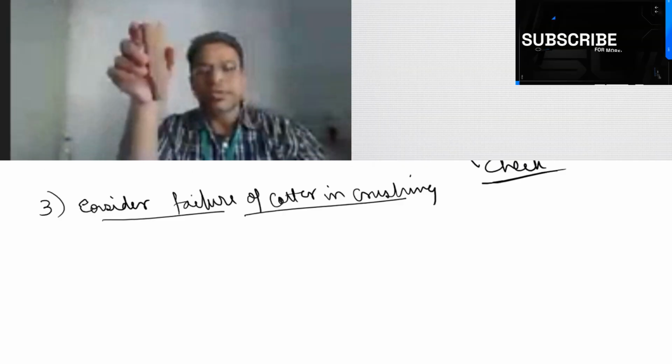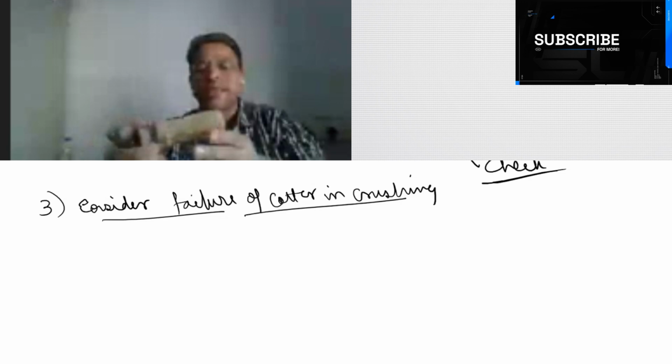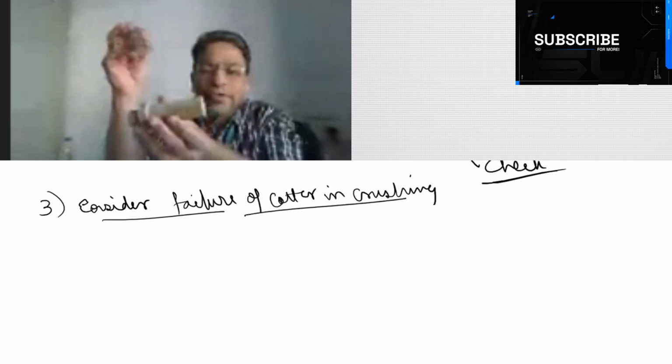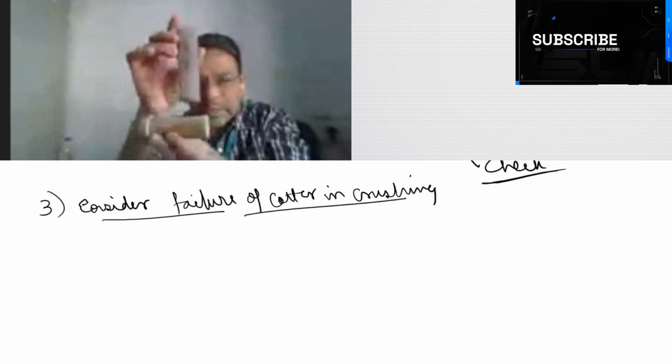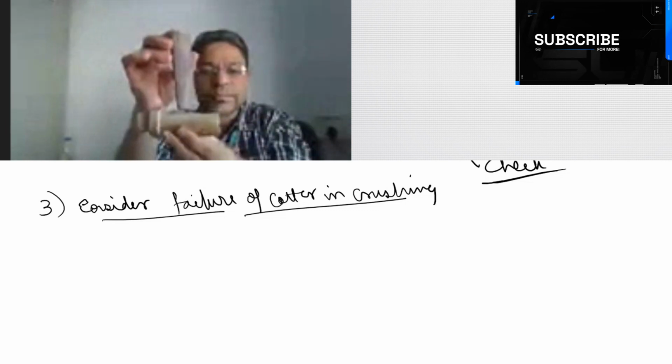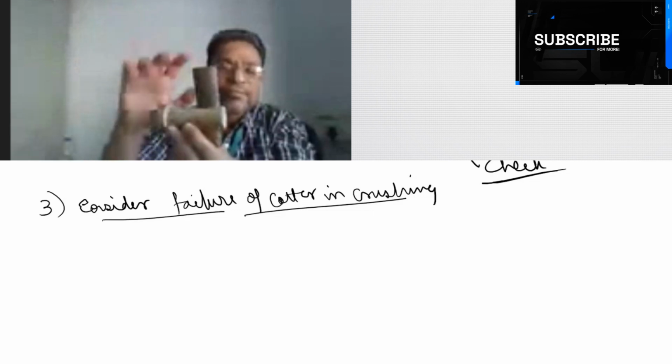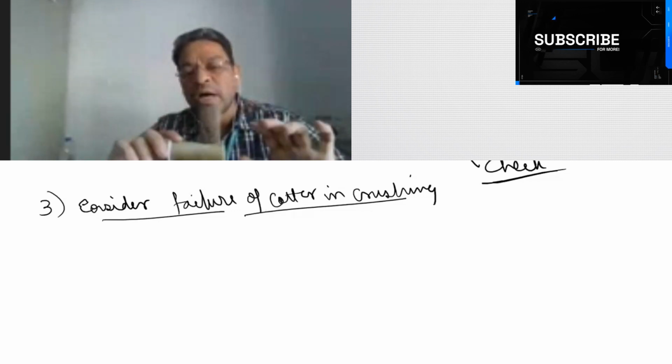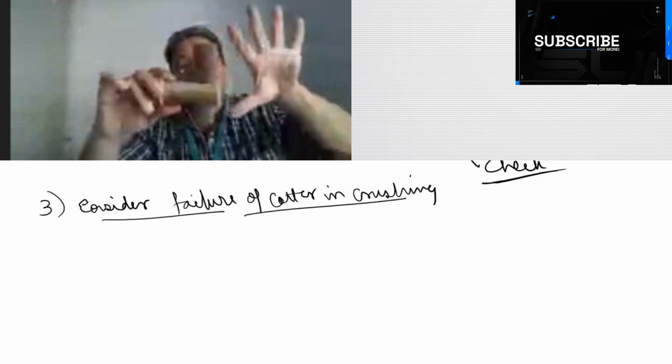Now understand that this Cotter, where is it? It is inserted in this spigot. All of you can see this Cotter in this spigot. So this Cotter is inserted like this, and we are applying force. How are we applying the force?